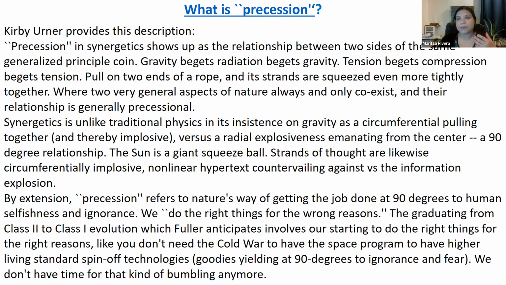He says synergetics is unlike traditional physics in its insistence on gravity as a circumferential pulling together and thereby implosive, versus a radial explosiveness emanating from the center, a 90-degree relationship. So this is, again, taking us back to the statement that we saw on the previous page, where he's saying that precession refers to nature's way of getting the job done at 90 degrees.